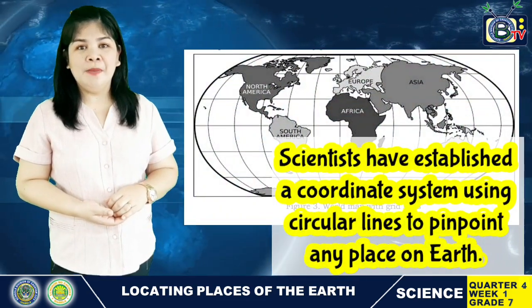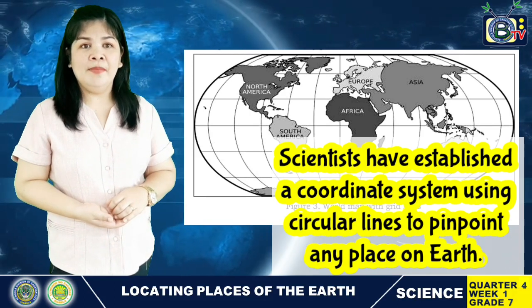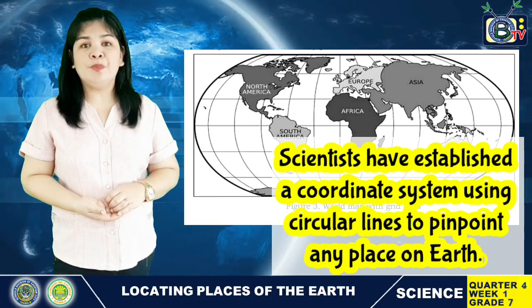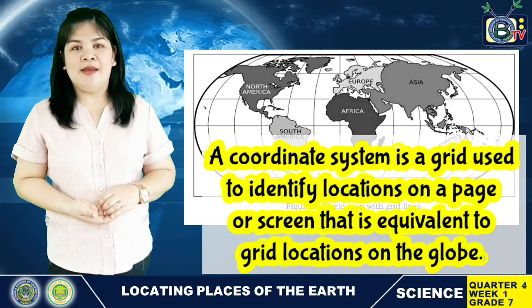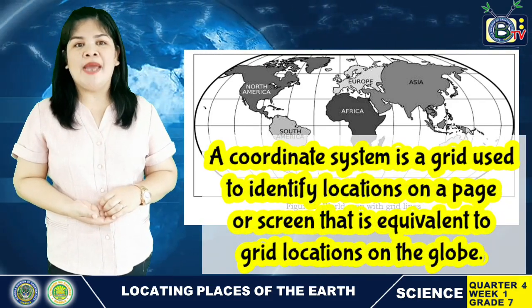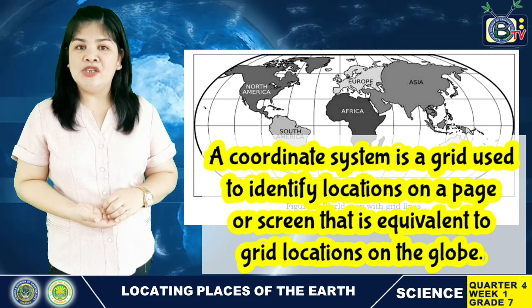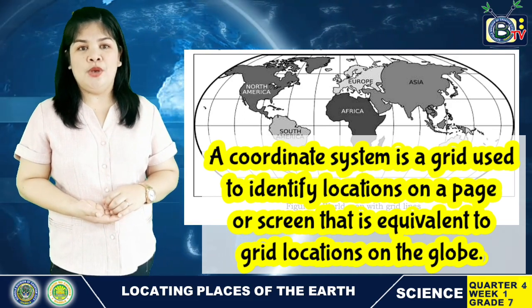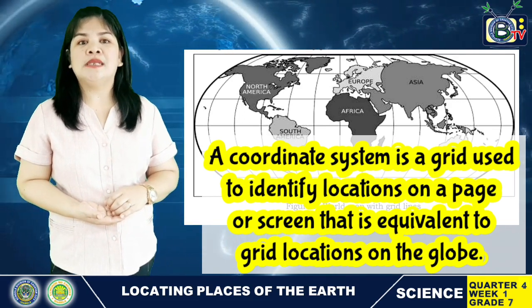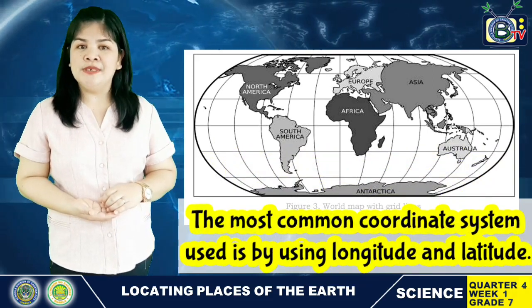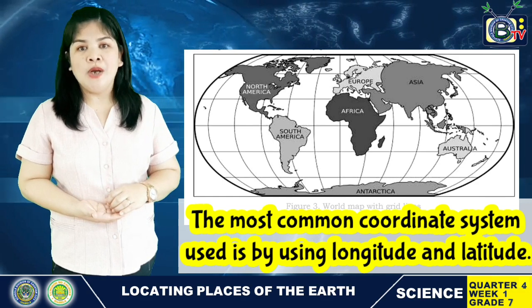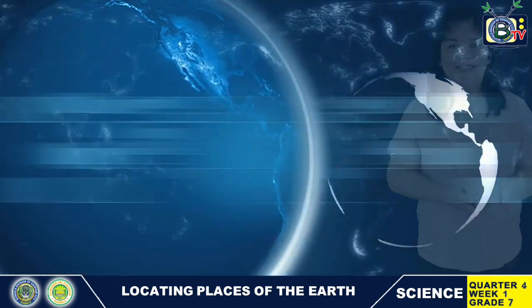Scientists have established a coordinate system using circular lines to pinpoint any place on Earth. A coordinate system is a grid used to identify locations on a page or screen that is equivalent to grid locations on the globe. The most common coordinate system used is by using longitude and latitude.